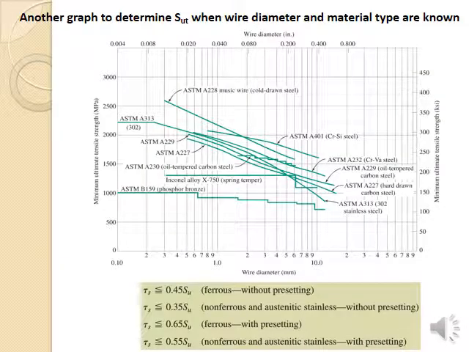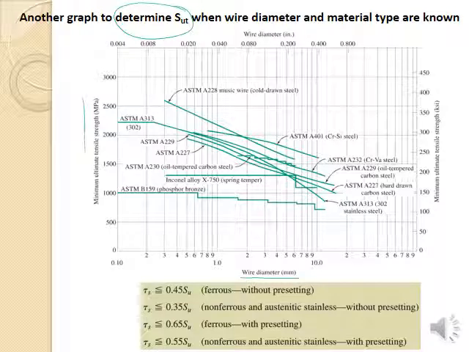This is another table by which you can determine the properties, but this is more complex. I just want to show it to you, but you will be using the tables to determine the minimum ultimate strength. Here is the wire diameter and here is the minimum tensile strength.